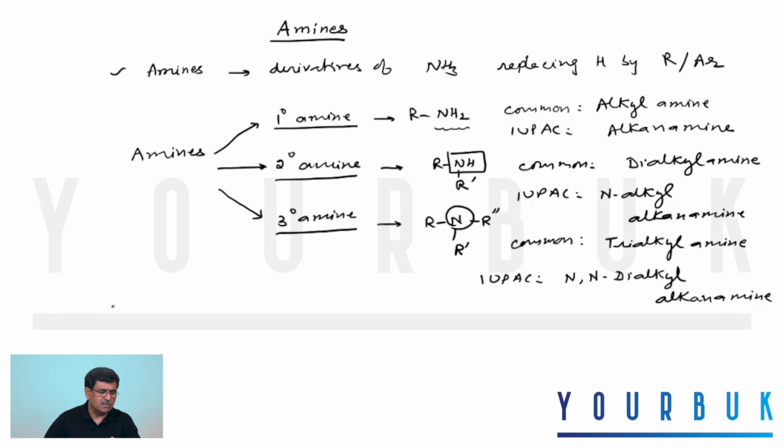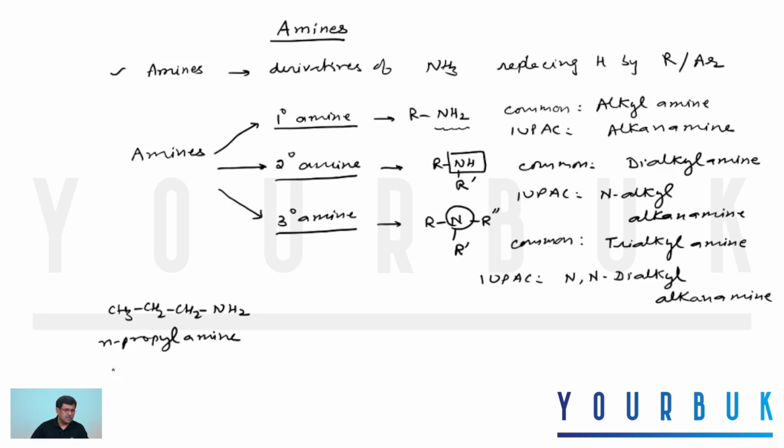Now these are some examples. This is called primary amine, since we have an NH2 group present. It has a common name called n-propylamine, and the IUPAC name is propanamine. The second example is CH3CH2CHNHCH3 with CH3.